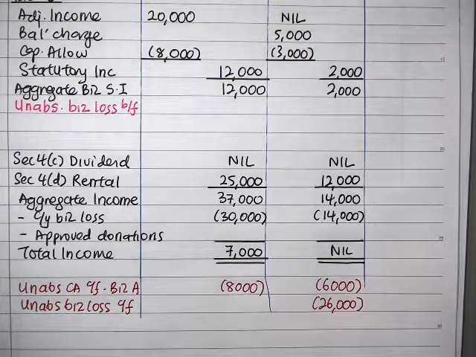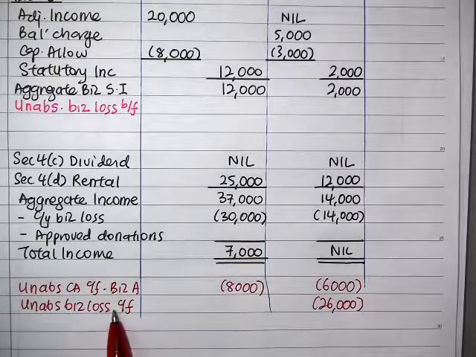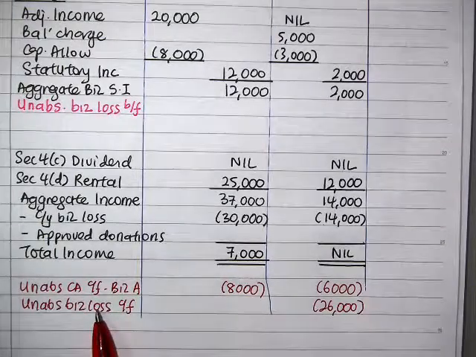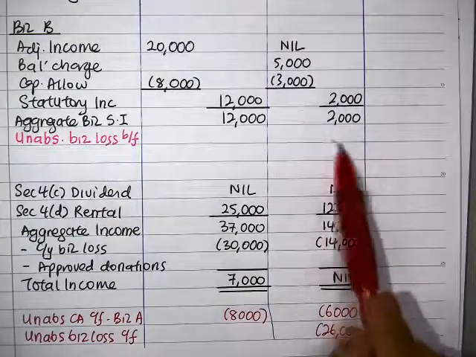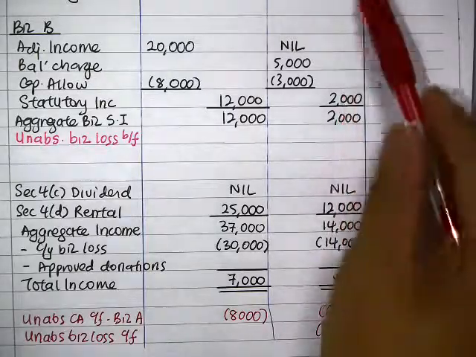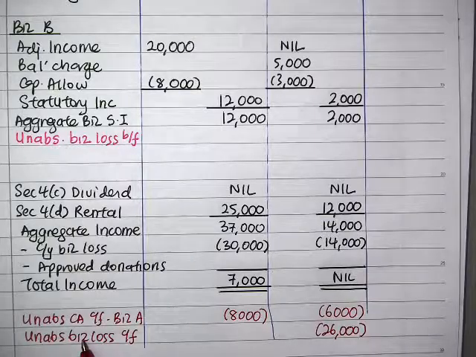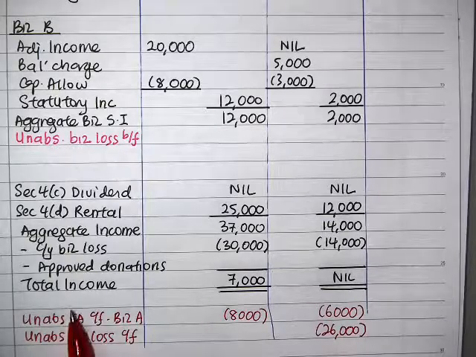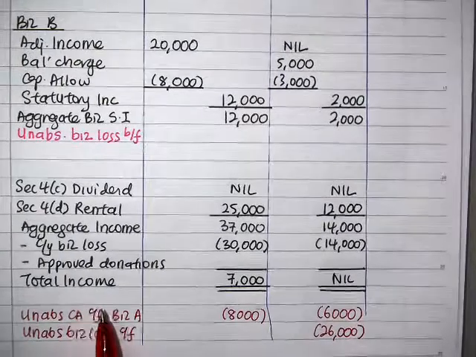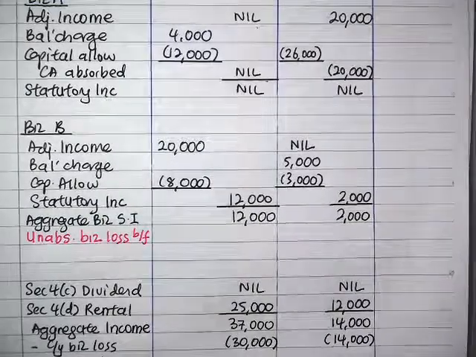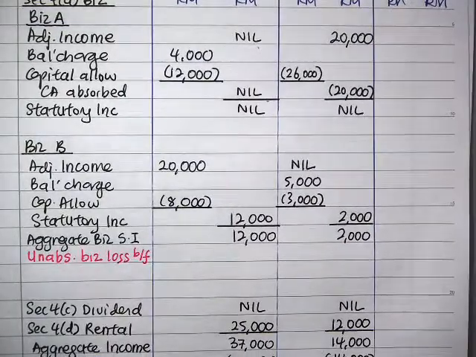So I'm not stating that this comes from which business because it's not important. Okay, so business loss is utilized at this level, which is against all the business income. So it does not matter whether the loss is from business A or business B, but the CA, yes, CA does matter, because CA you can only claim against that particular business.